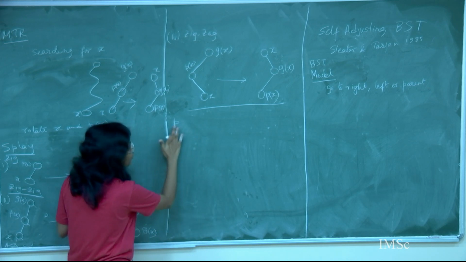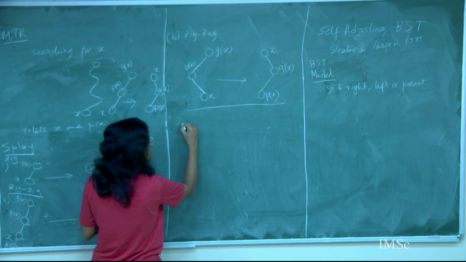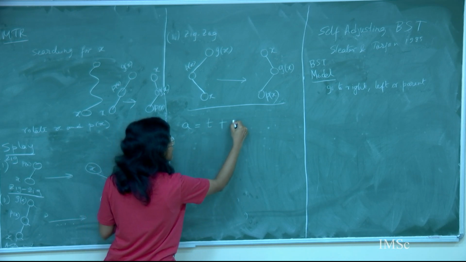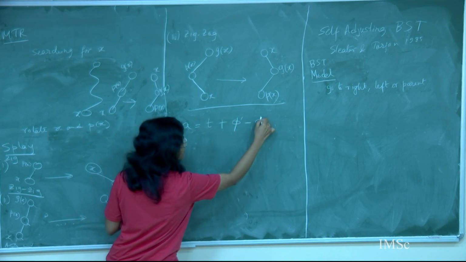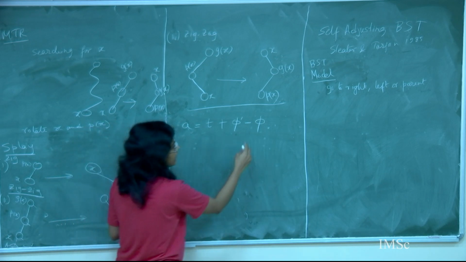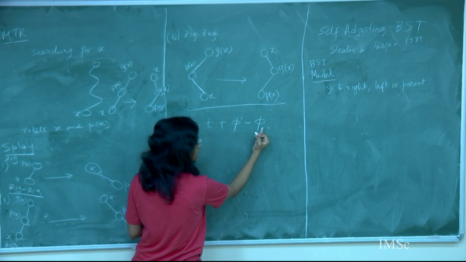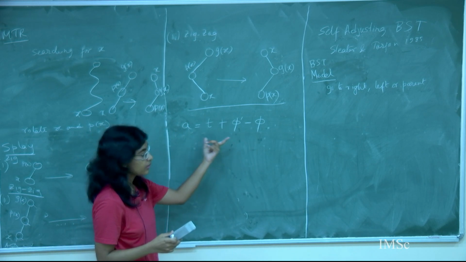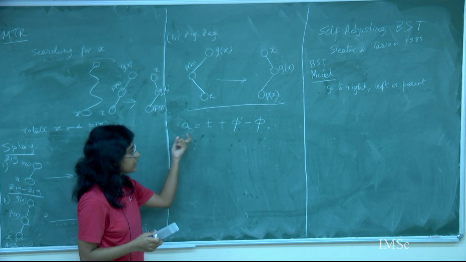So you must be knowing that the amortized cost is actual cost plus the change in potential, right? Phi is the potential function in the current state, and after changing it is phi prime. So the difference in potential plus actual time is the amortized time.